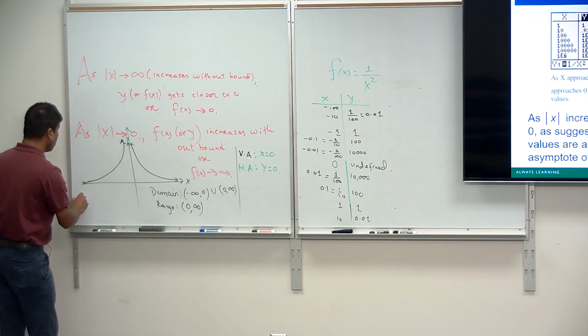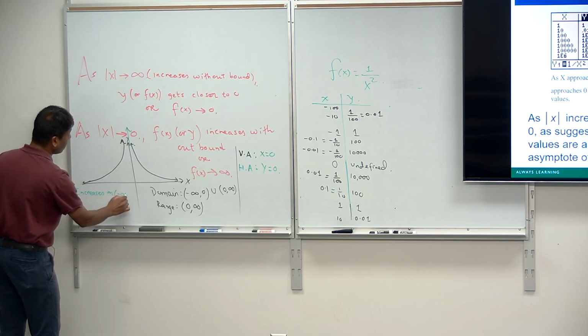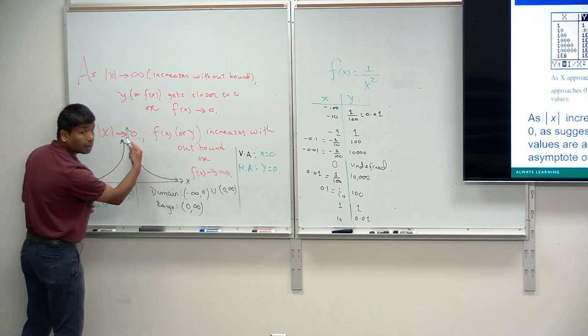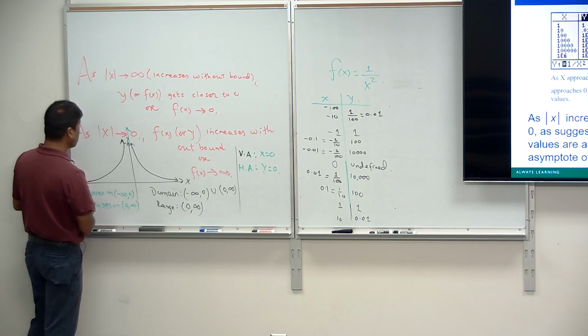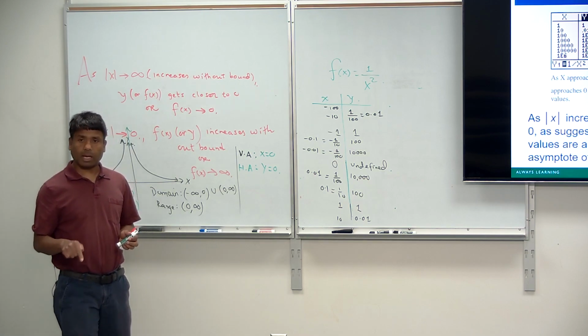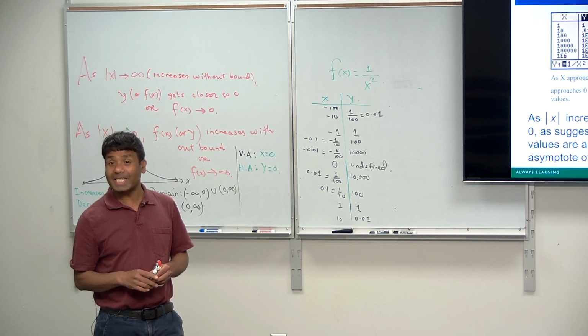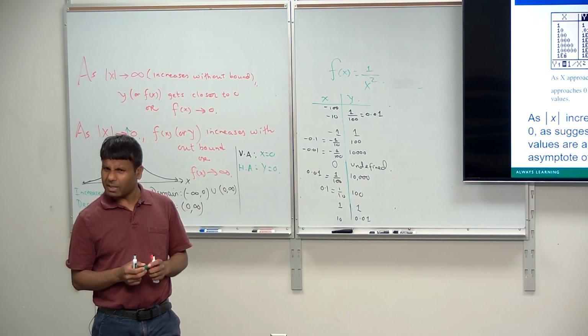So the function increases on negative infinity, 0, and decreases on 0, positive infinity. So these are the open intervals of the domain where the function is increasing and decreasing. That makes sense?